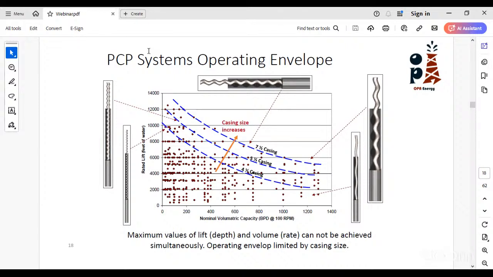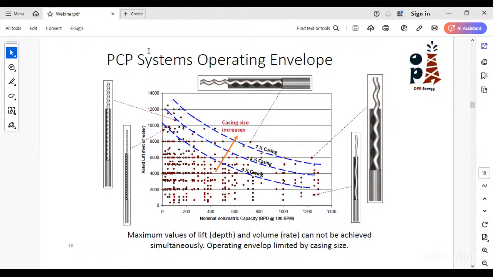Okay, we have three more questions, one from Engineer Manuel. He was asking what is the difference between the ESPCP and the PCP, and where is it recommended to use it? This is a very sneaky question.